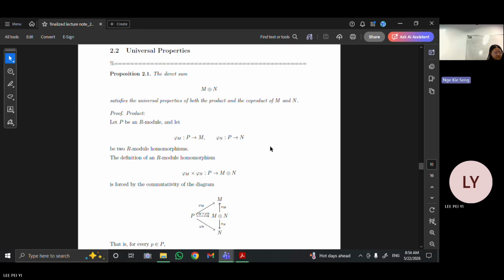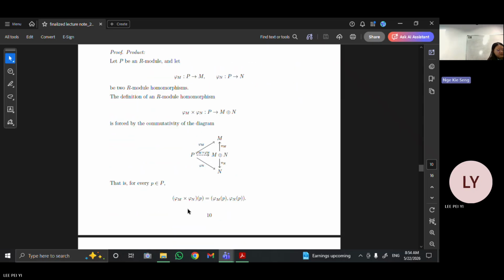For the product, given maps φ_M: P → M and φ_N: P → N, there exists a unique map φ: P → M ⊕ N defined by φ(p) = (φ_M(p), φ_N(p)) for all p in P.